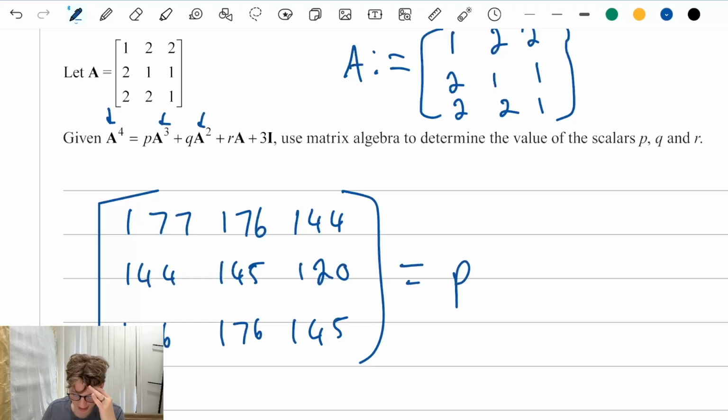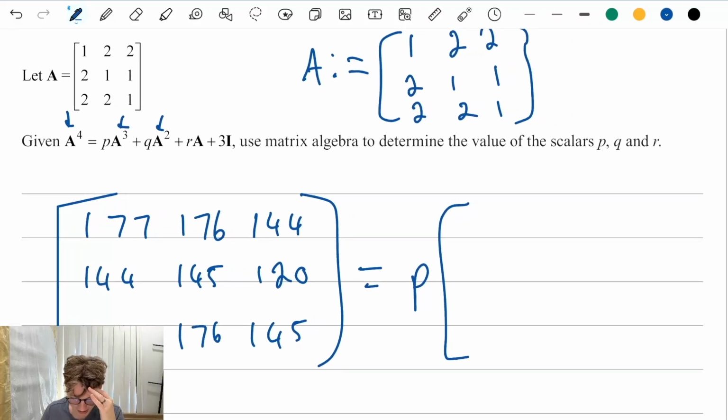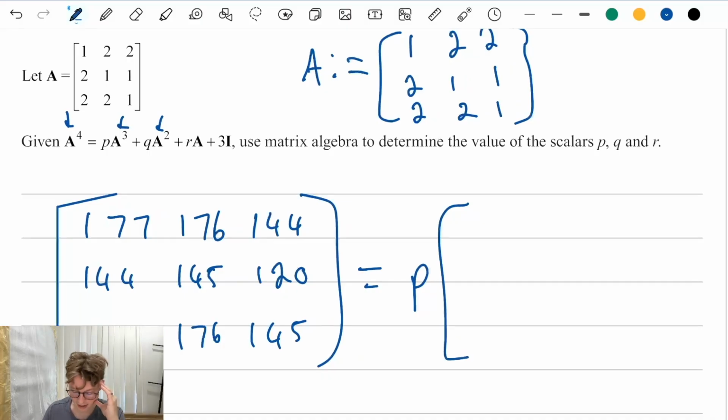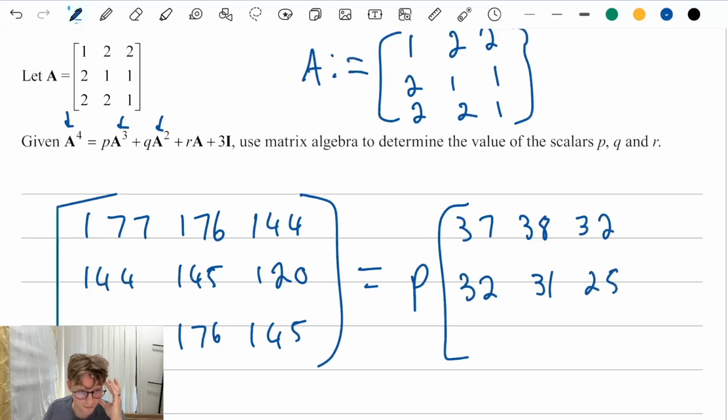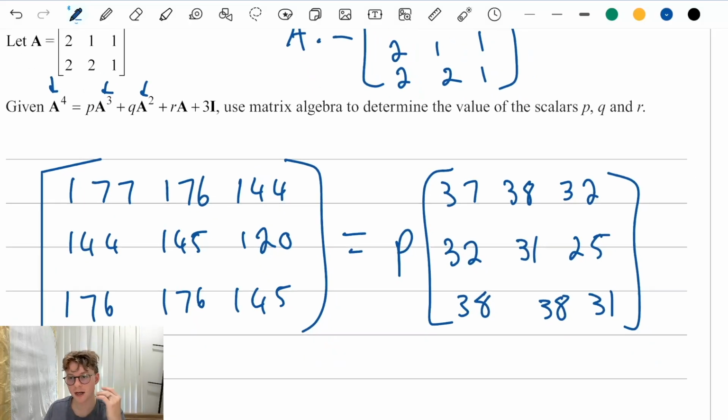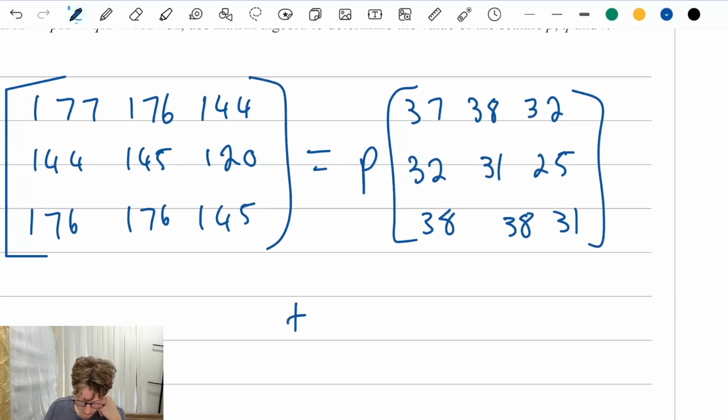I then do P outside of A to the power of 3. A to the power of 3 on the calculator is given by 37, 38, 32, 32, 31, 25, 38, 38, 31. That's the P part. I'm running out of space very quickly. Plus Q outside of, now it's A squared.